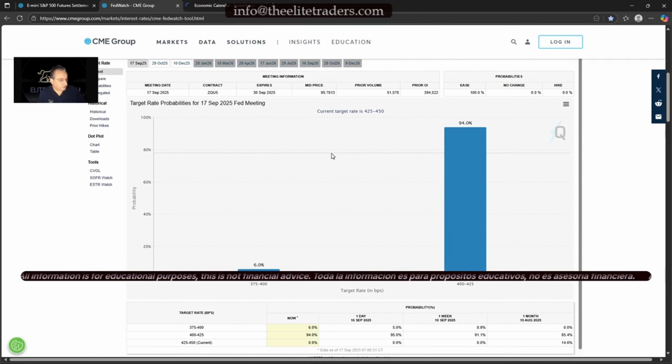If he doesn't lower the interest rate, the market's going to drop because apparently inflation is still going to be higher. Unemployment is creeping up again. But if he does lower the interest rates, that's going to create a buying frenzy. People are going to start refinancing. People are going to start buying stuff that they can't afford because they're going to be borrowing money from credit cards at lower interest rates.